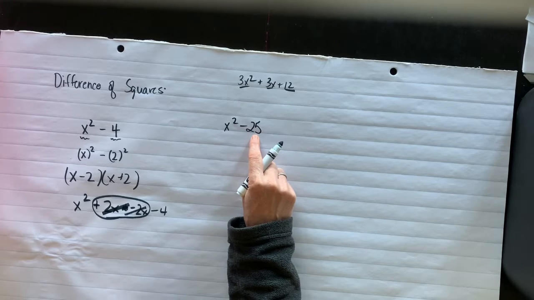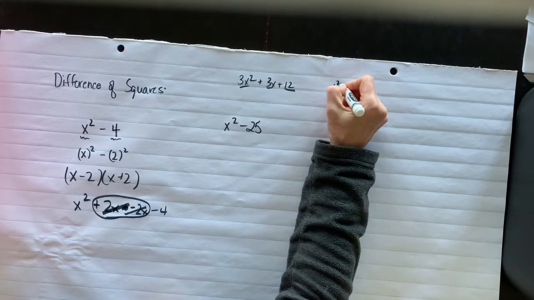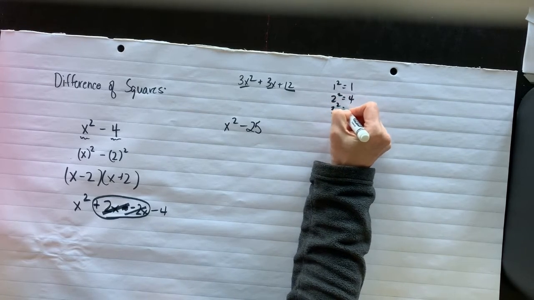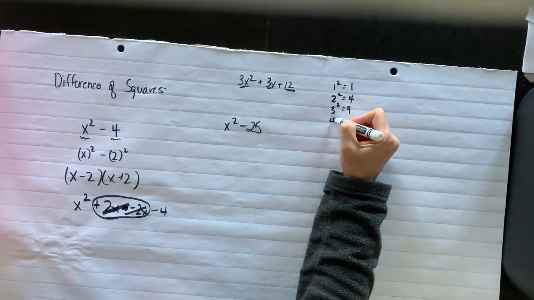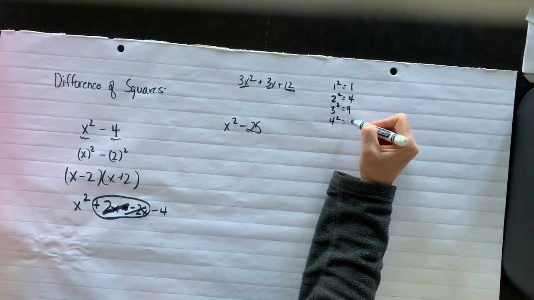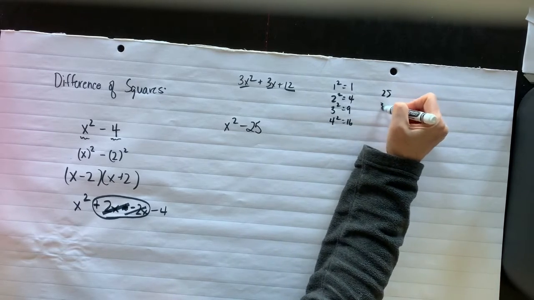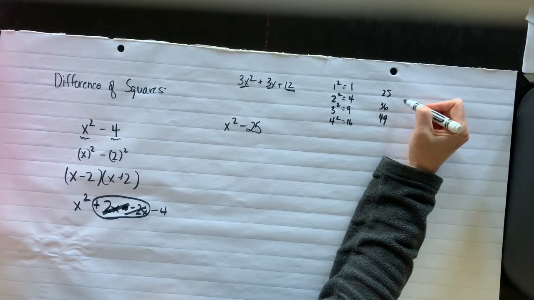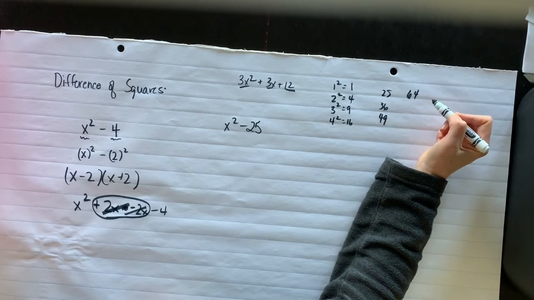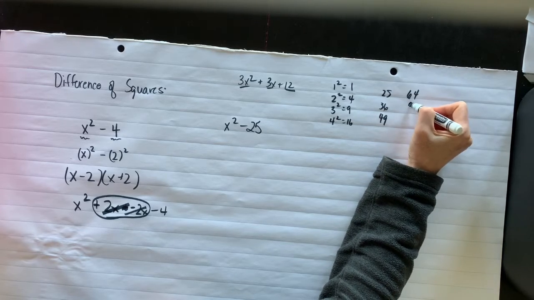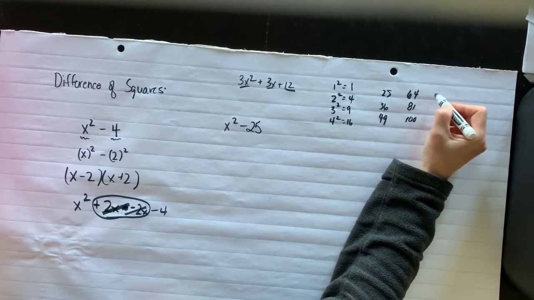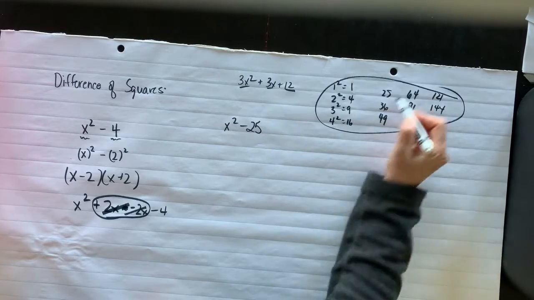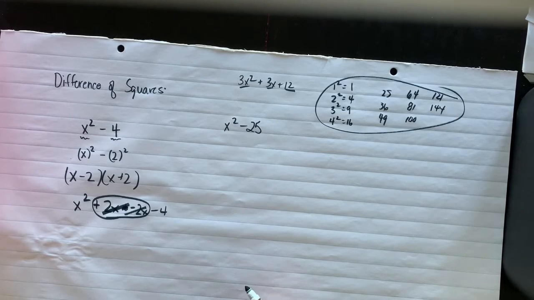Remember, by perfect squares, I'm talking about 1 squared equals 1, 2 squared equals 4, 3 squared equals 9, then 16, 25, 36, 49, 64, 81, 100, 121 and 144, right? So you're looking at all of the numbers that are multiplied by themselves.